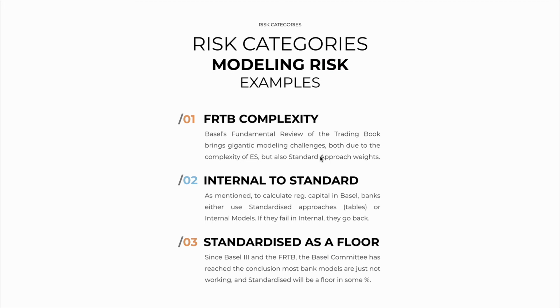So they don't select between the two. They have to calculate both, and then they use the standardized approach as a floor to the calculations of the internal model one. Then, as mentioned, in order to calculate regulatory risk capital under Basel, banks can either use standardized approaches, which involve no internal models and they just take weights from a table and multiply them by values, or they can use internal models, which estimate less capital, so they're more efficient, but they require more supervisory scrutiny, especially related to the model quality.